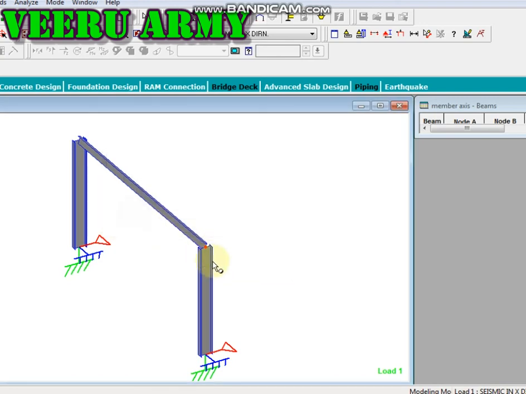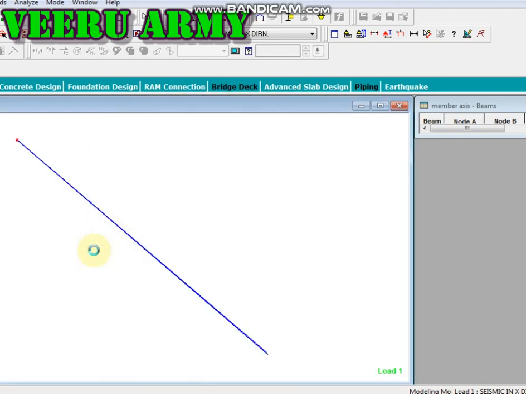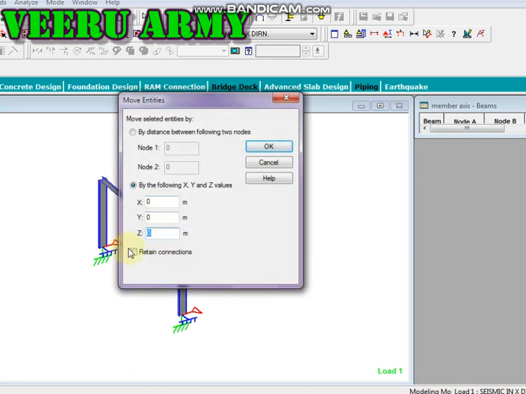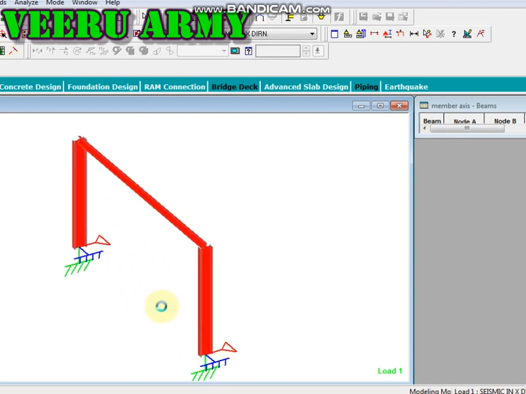When you consider the y-axis, the y-axis of this column is this. When there is moment about this y-axis, the column will be tilted in such a manner.